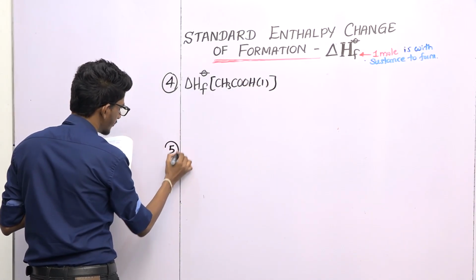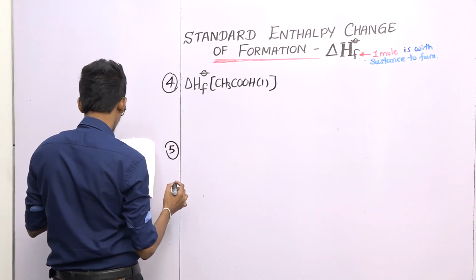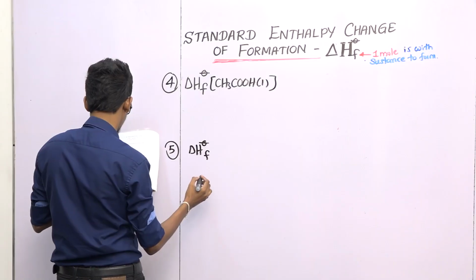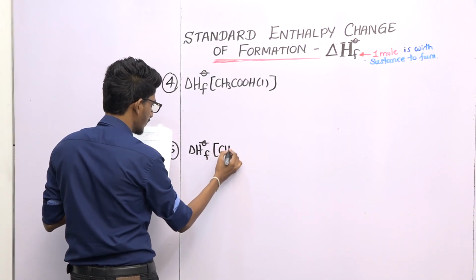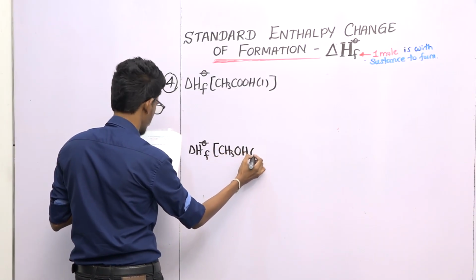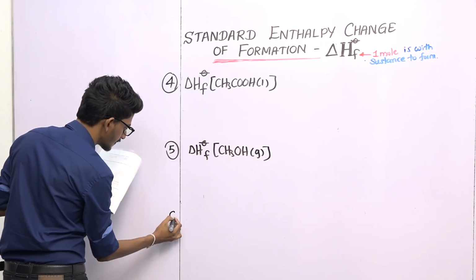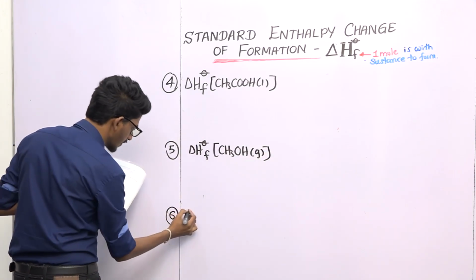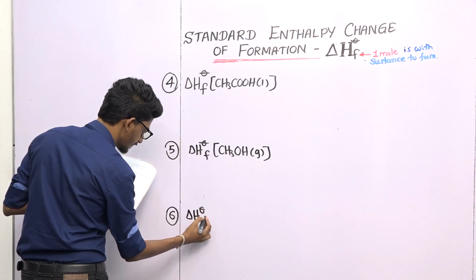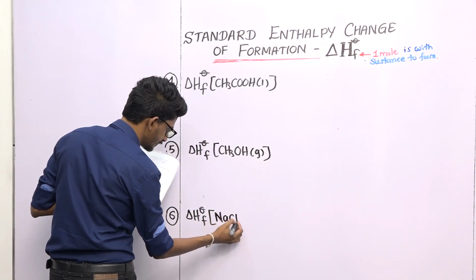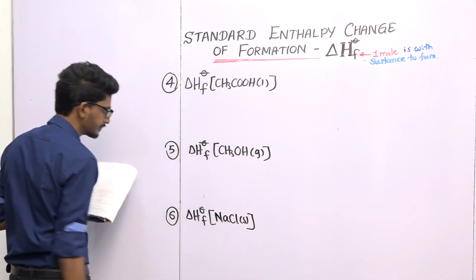Number 5, is about delta H naught F, CH3OH gas. No? Number 6 is about delta H naught F, NaCl solid. Right.